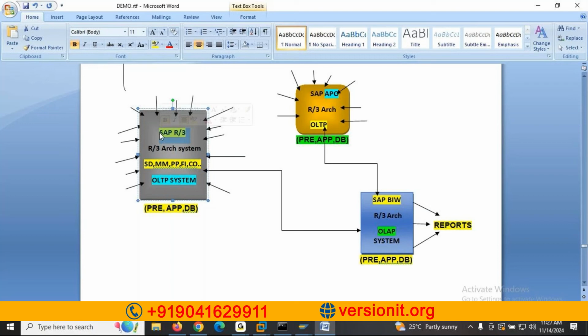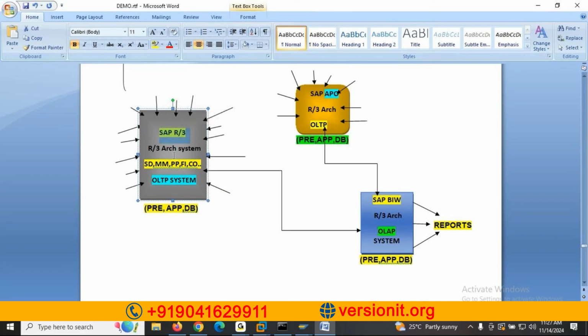Similarly, the architecture you are calling three tier was designed by whom? SAP AG. So they have named their software itself on architecture to tell the world that our software follows this architecture. Clear? So did you draw these three boxes?